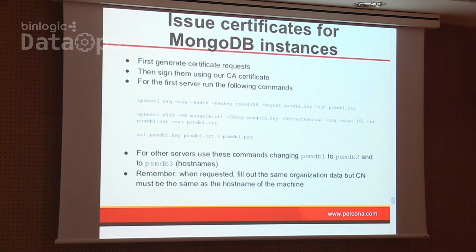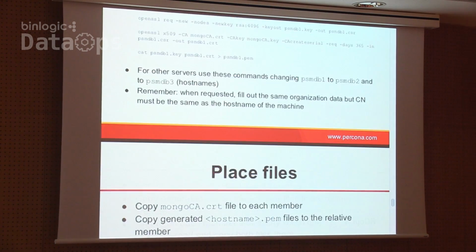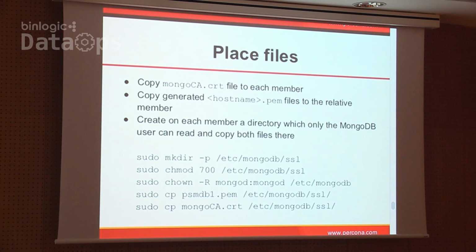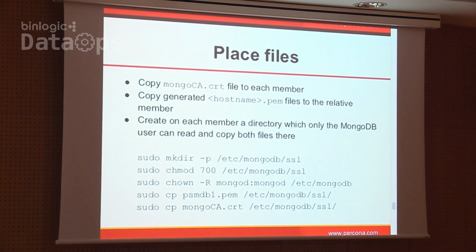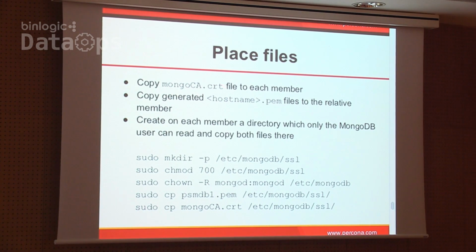And after I have done this for each of the nodes, I create for each node a new PEM file. I just need to place these files somewhere. So I need to put the certificate of the fake certification authority and the certificate for each node into some directory.